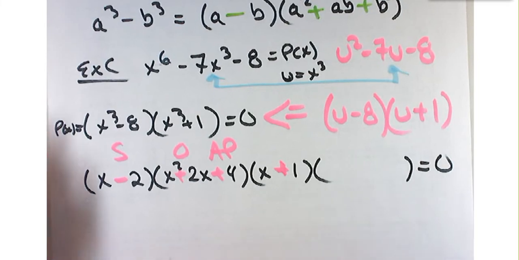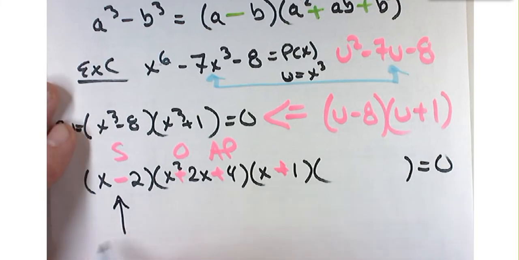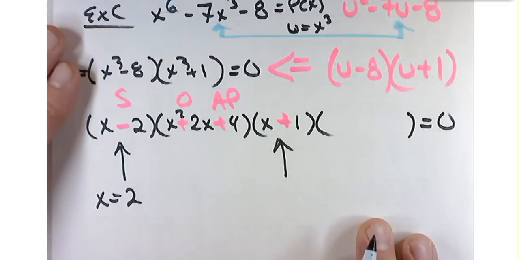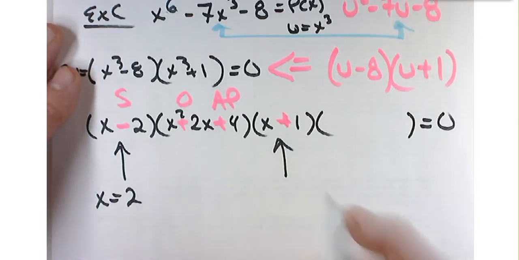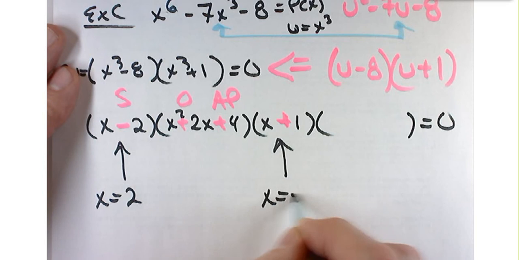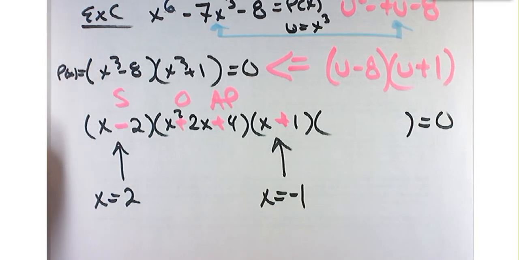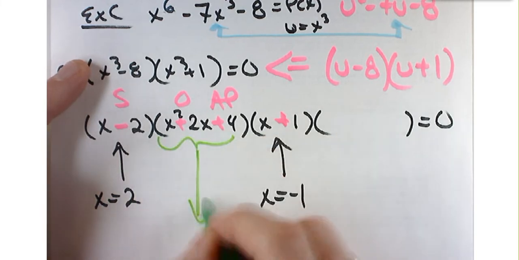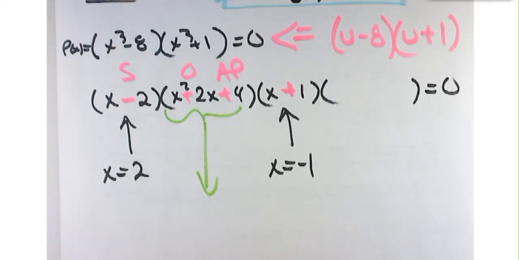We can read off some of the solutions here now. That first one is x equals 2. What's this one? That's x equals -1. That's a solution. And this one, is that x plus 2 squared?